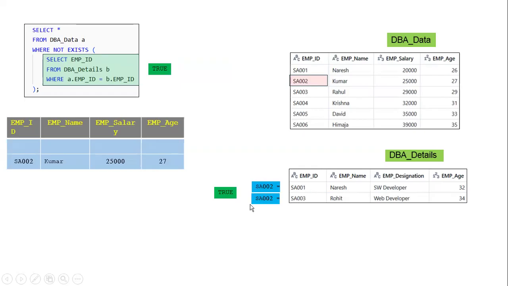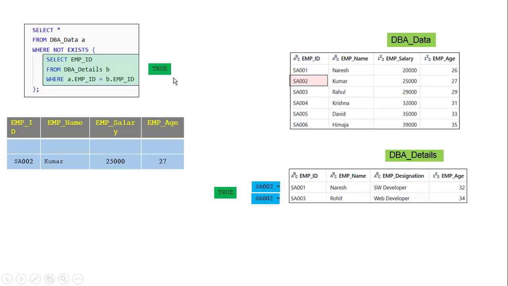Since it is not matching, the output gives true. Why does it give true? We used NOT EXISTS here. So when the inner query result is true, it gives the output. Earlier we got false, so we don't get any output. That's why this one is empty.